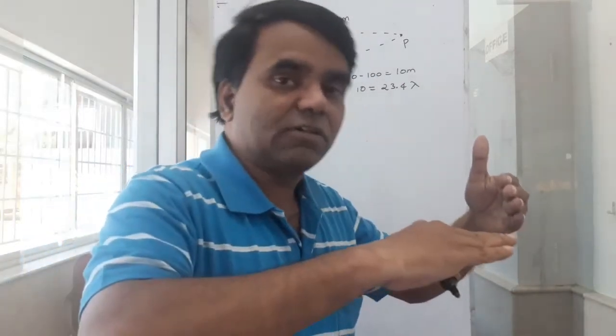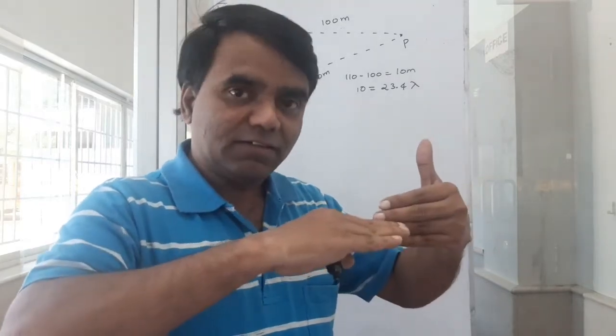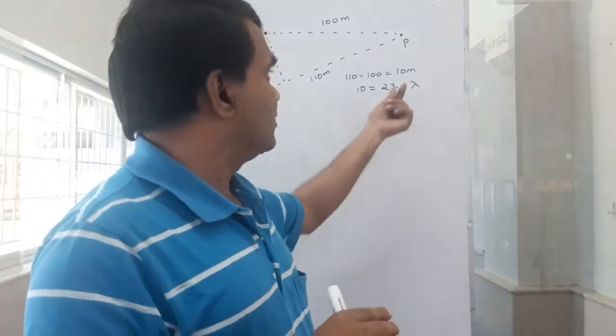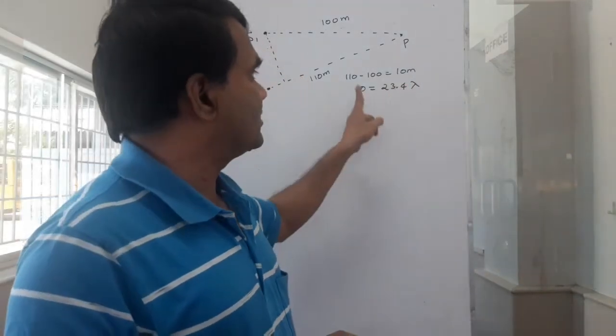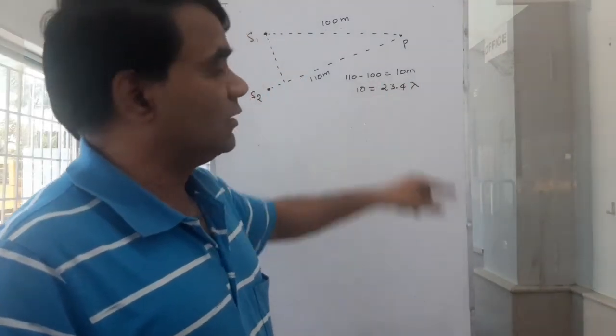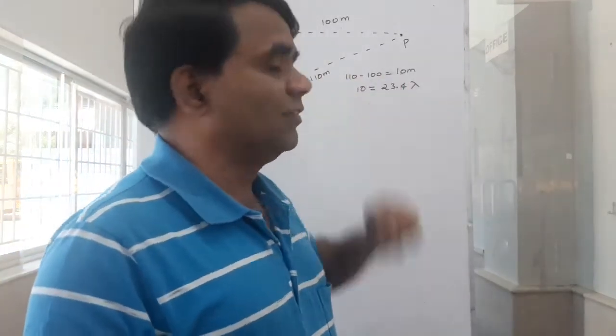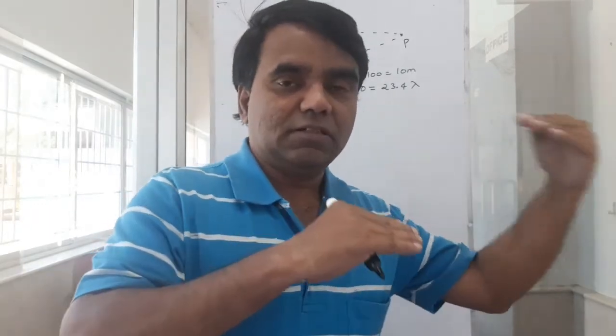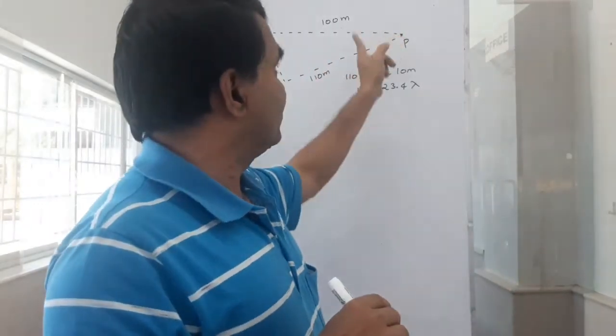Only then will this stop entering. So they meet there, but when they meet, there is this difference of 0.4 lambda. So you can always ignore the whole number and take the fraction. That is going to give you the phase difference between one wave and the other.